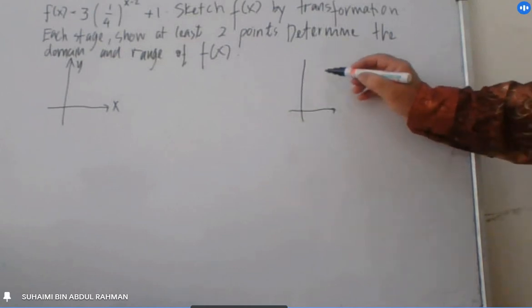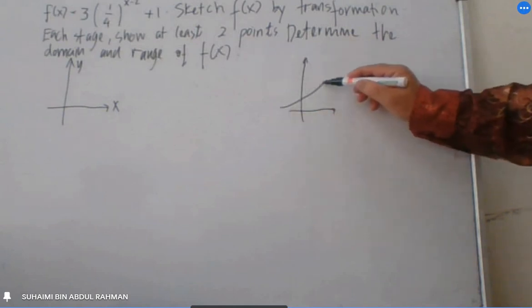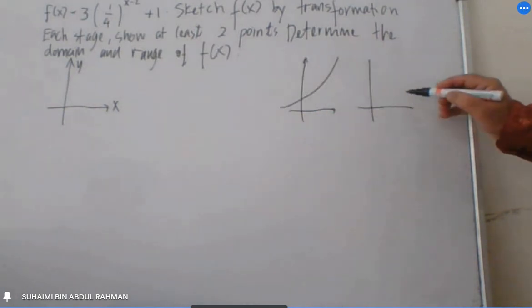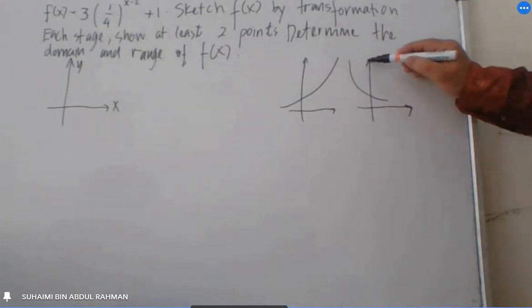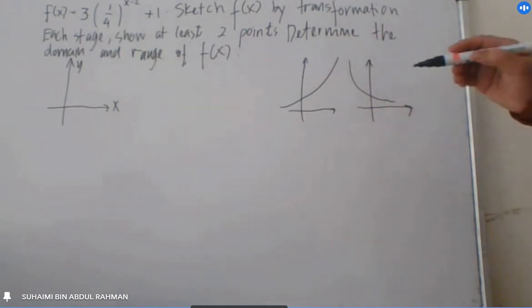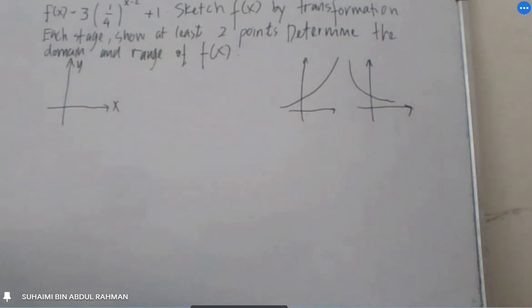Remember that exponential function, this type of graph, or another one, this type of graph. Which one we start with?